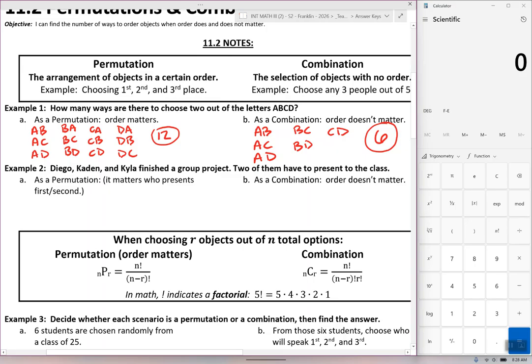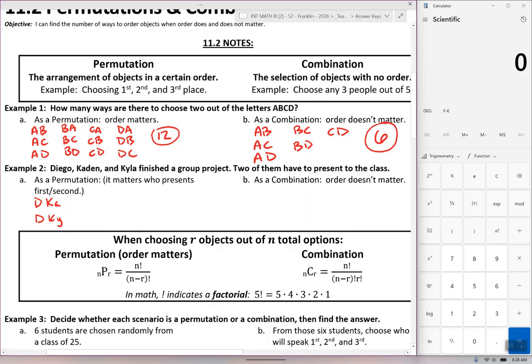All right, for another example, we have Diego, Caden, and Kyle. They finished a group project. 2 of them have to present to the class. We'll find this as a permutation where it matters who presents first and second, and as a combination where order doesn't matter, any 2 of them will work. First we can have Diego and Caden, and Diego and Kyla, if Diego goes first.